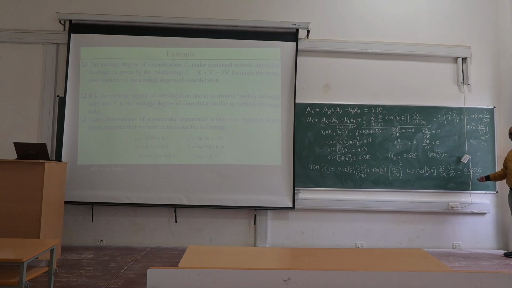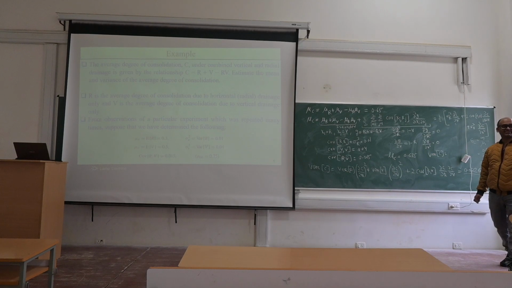What is the square root of this? 0.18. What is mu C? You already estimated. Now multiply by 100. So what do you get? 28.4%. That is the coefficient of variation in C.